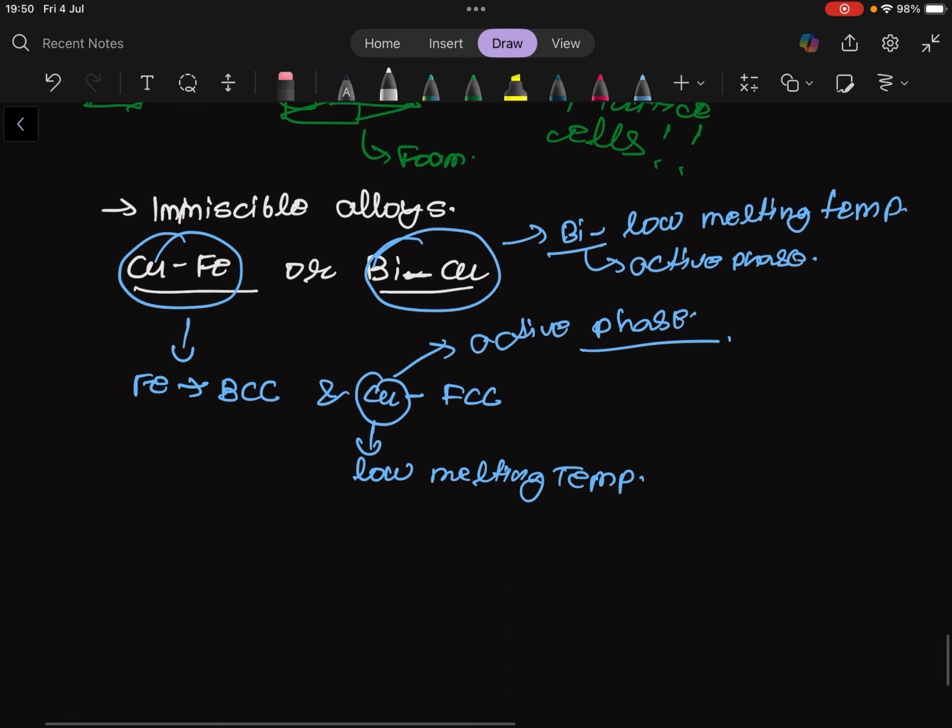When we have solidification of this alloy, we have said that copper is the active phase and iron is the passive phase.